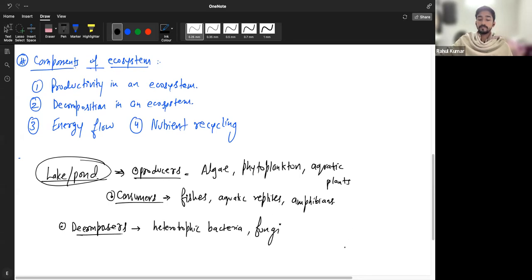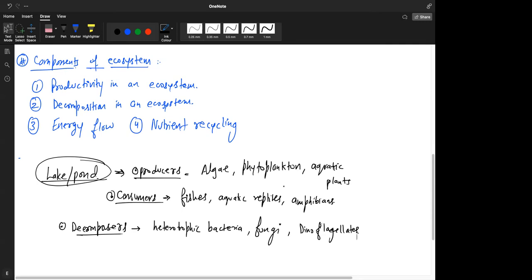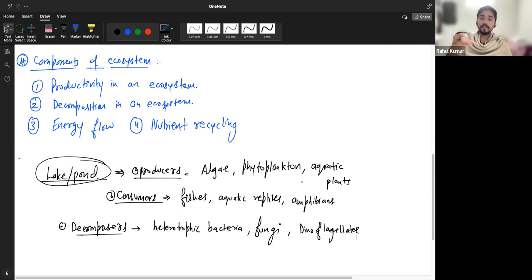Or dinoflagellates. Have you studied about dinoflagellates in class 11th? Yes, sir. They have flagella and they can move and go around and eat things or degrade things or decompose things, digest things. Okay, so you understood basically what we are talking about.